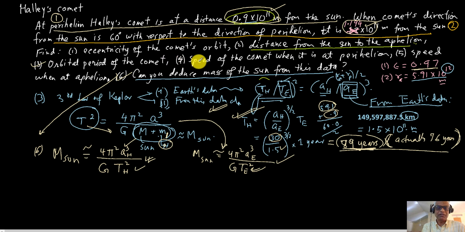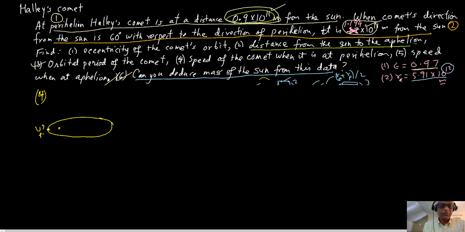Now the interesting parts are 4 and 5. Okay, so I'm going to clean this up and look at that. This is a very interesting question actually. When it is at a distance of perihelion and its speed is v_p, you can see its angular momentum will be the mass of the comet times r_p v_p.